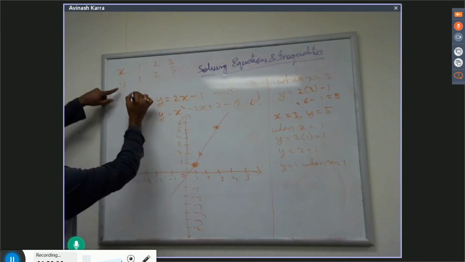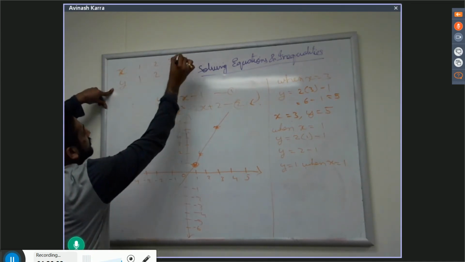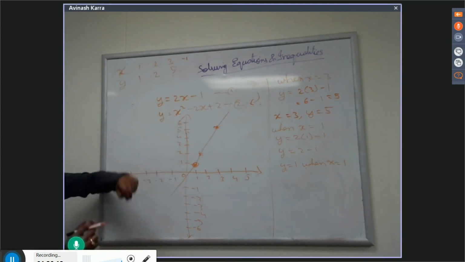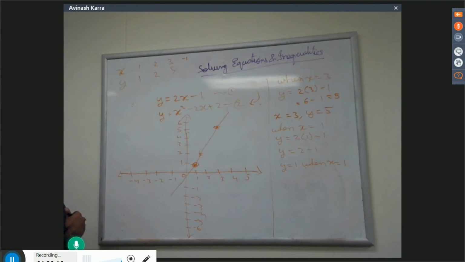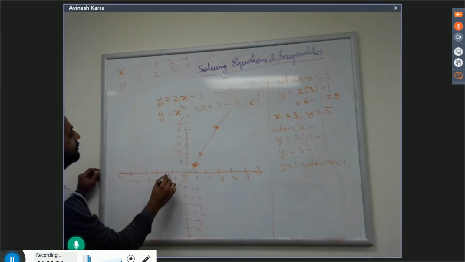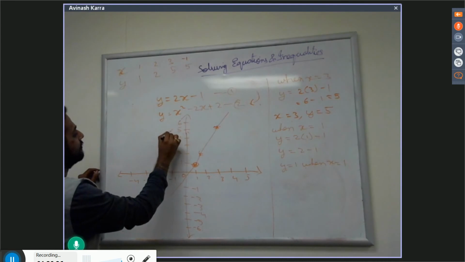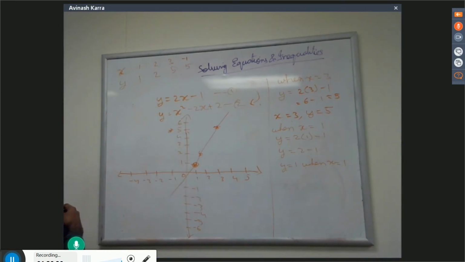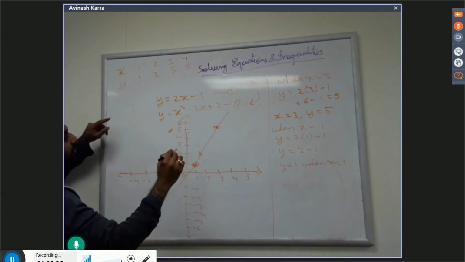And if I take minus 1, now you tell me what will be the value. The value would be 5. At minus 1 will be 5. So let me explain.